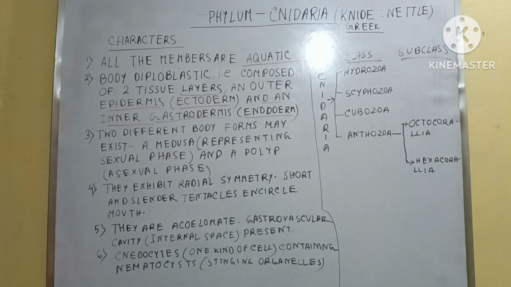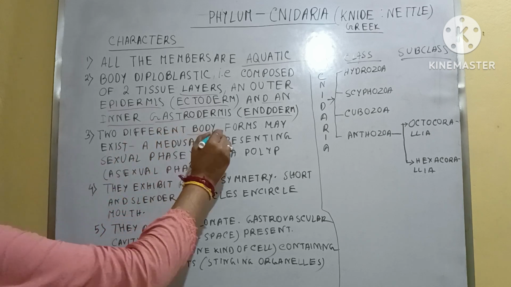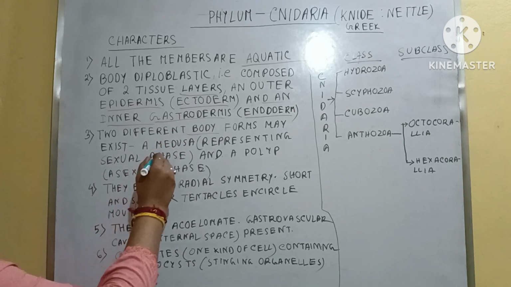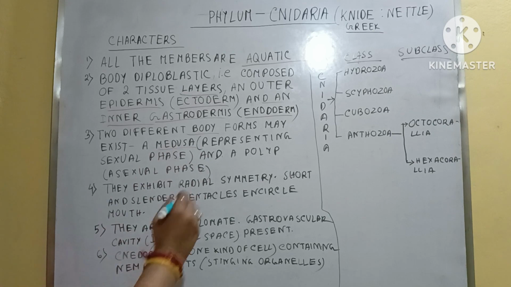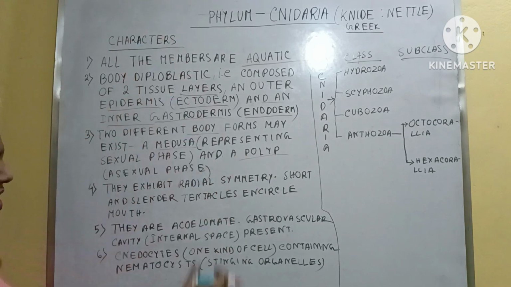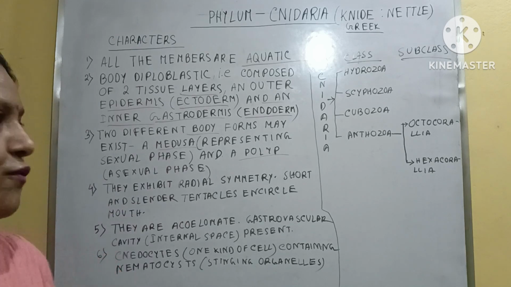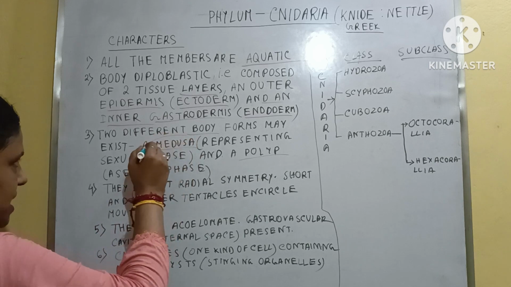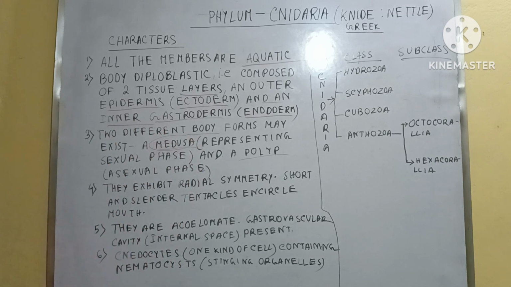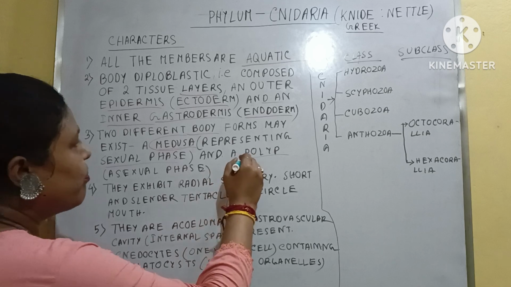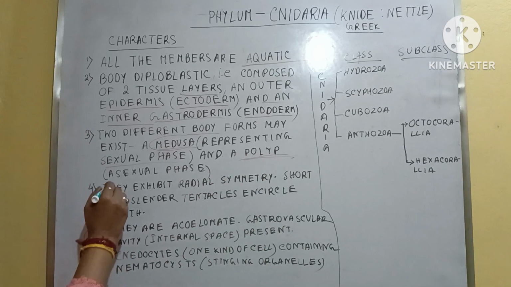The third feature is that the body remains in two forms: one is the medusa form and the other is the polyp form. In the medusa form we can see sexual reproduction, so it is the sexual phase, and the polyp is the asexual phase.